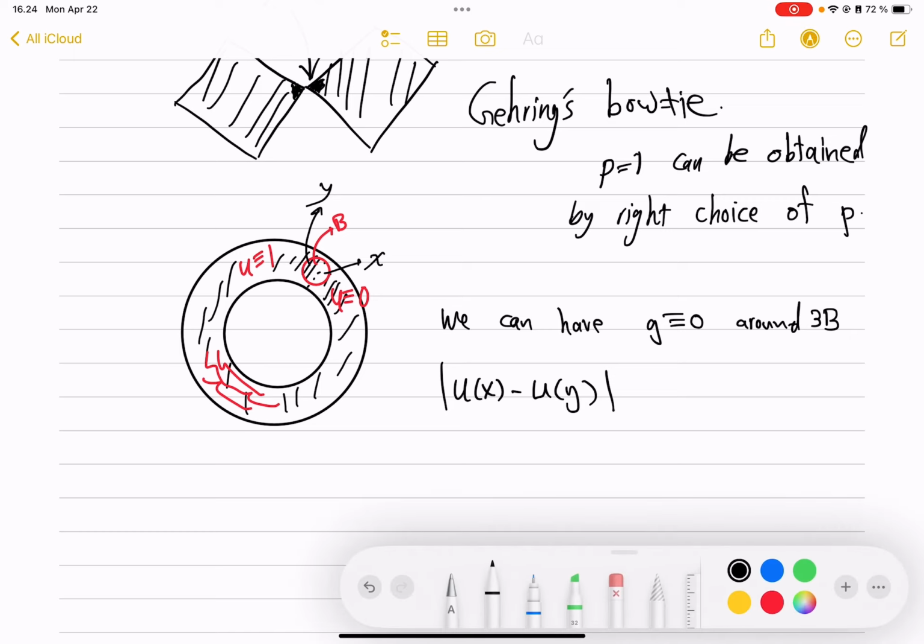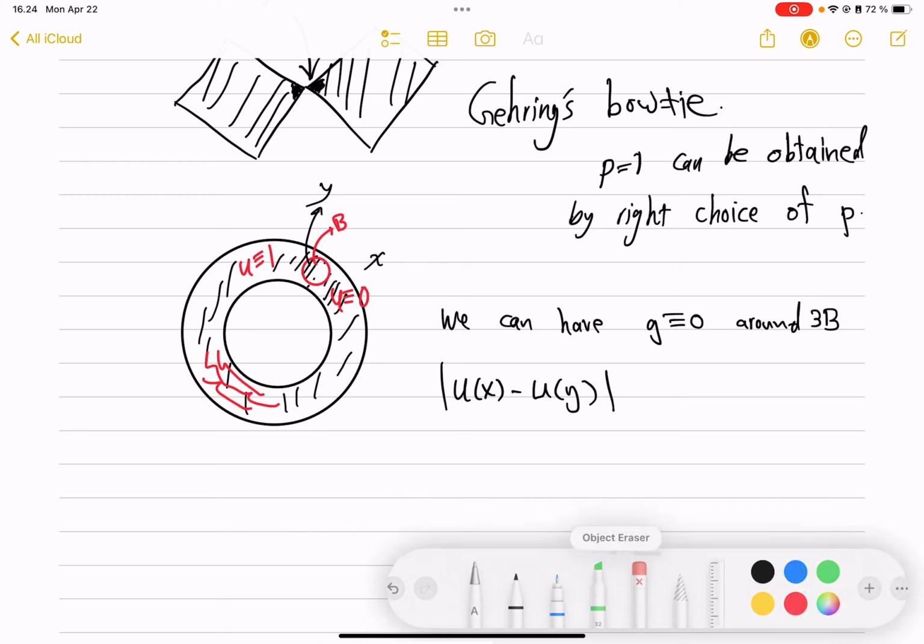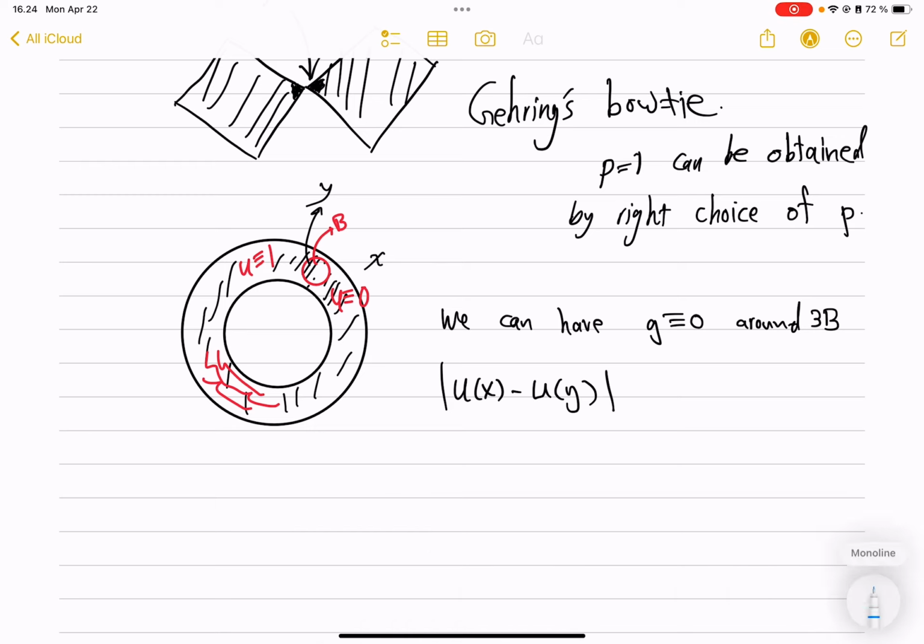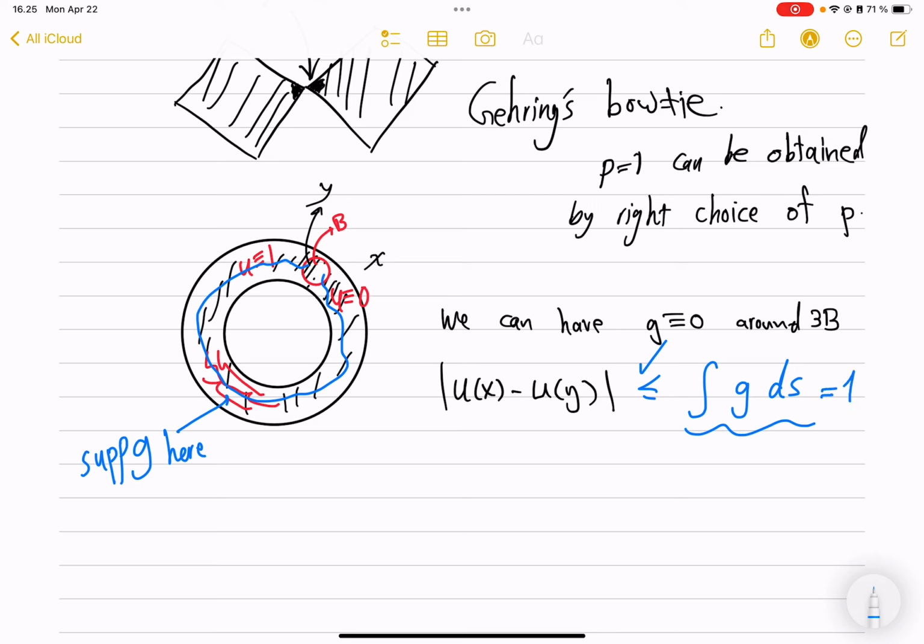It's not just in our space. So the path definitely has to start somewhere here and then make the full return. And so g can be concentrated here so that this does become bigger than 1. So this becomes 1. We can have it happen along every path that makes that turn.